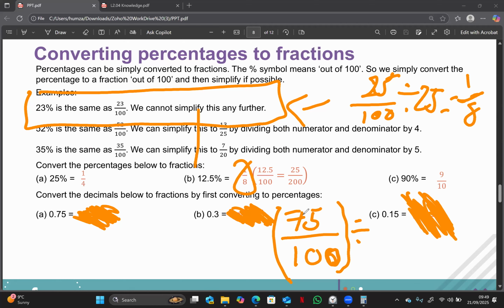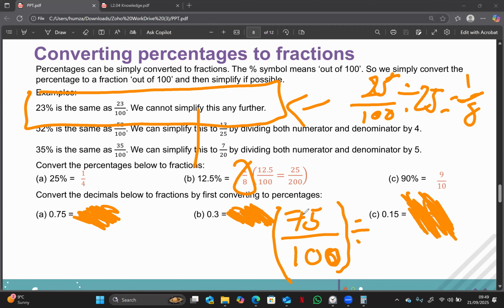Can we do the same with 75 over 100? Yes or no? Yes. And what's the biggest number we can divide both 75 and 100 by? 75 goes into 75, but does it go into 100? No, so it's a smaller number than 75. I think it's 5.